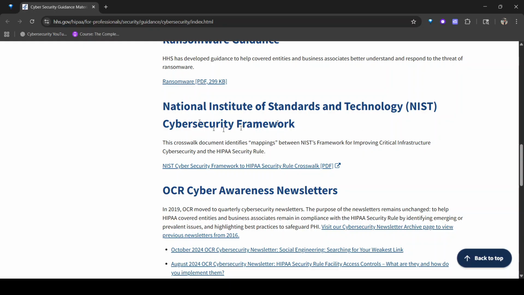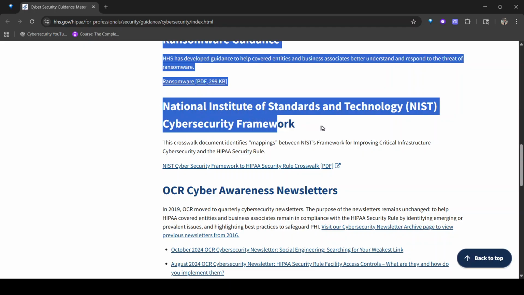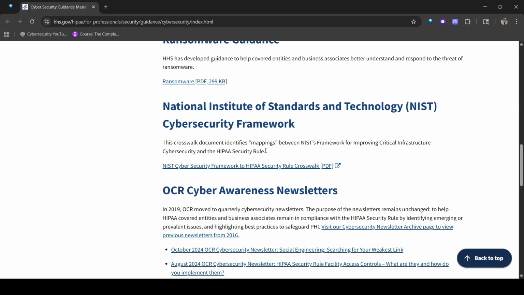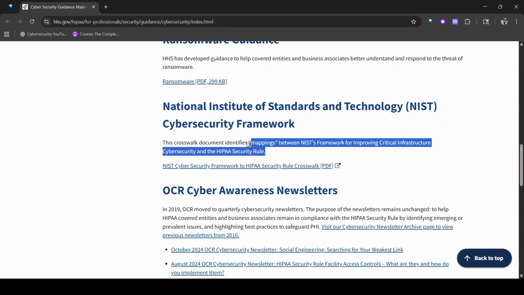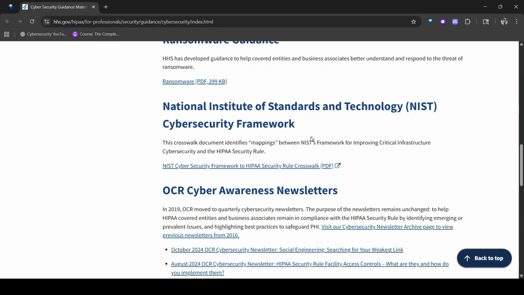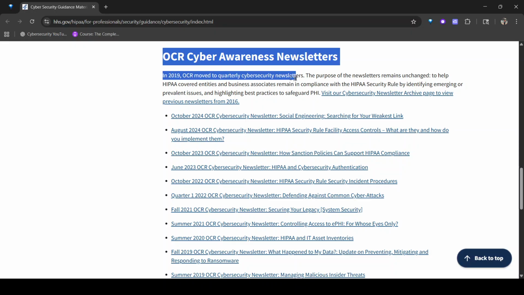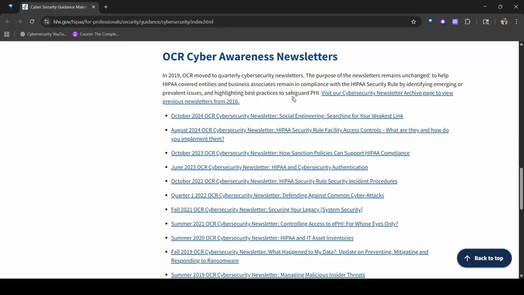And then we talked about the NIST Cybersecurity Framework, and this crosswalk document identifies mappings, basically similarities, between the HIPAA security rule and the NIST framework for improving critical infrastructure cybersecurity. And then in 2019, OCR started having quarterly cybersecurity newsletters.